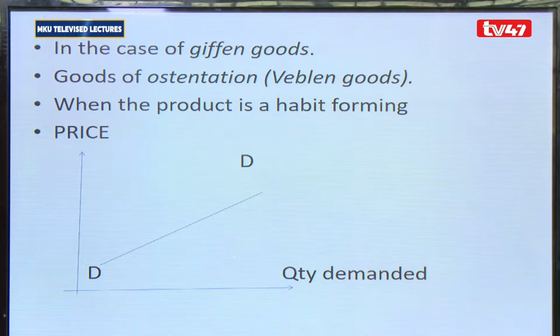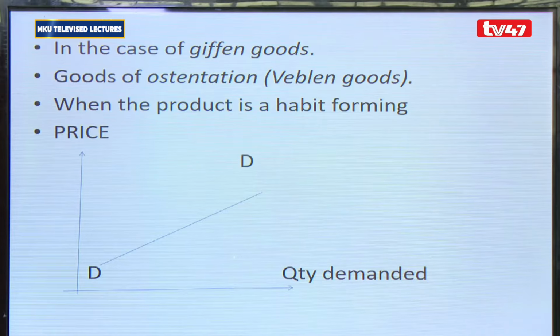If those goods are expensive and not everybody can afford them, that is what excites them. And so when the price increases, they will buy more of those goods because it will give them the satisfaction they're looking for.